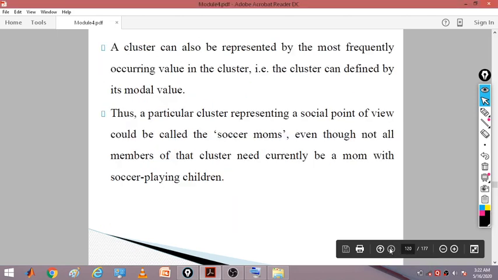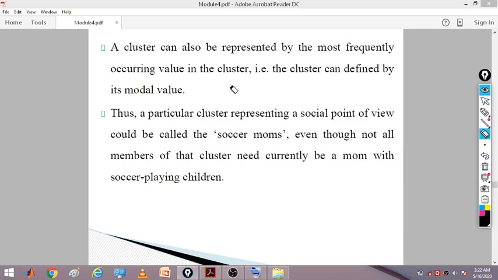A cluster can also be represented by the most frequently occurring value in the cluster. That is, a cluster can be defined by its modal value. So like we said, one way is the centroid, and another is the modal value, the most frequently occurring value in the cluster.